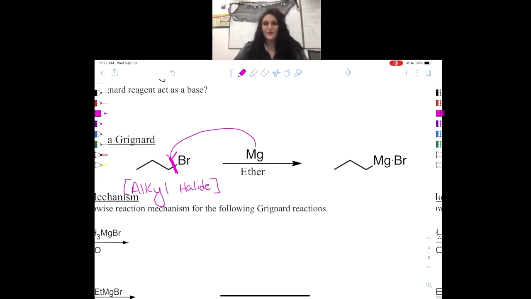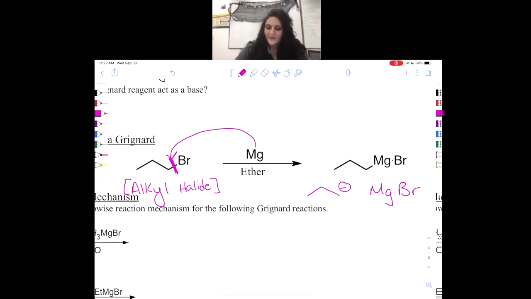And so now we are left with the magnesium bromide drawn. And as I tried to show you earlier, instead of looking like the way it's drawn on the handout, it's going to look more like this. They're going to be separate and have a very loose interaction with one another.